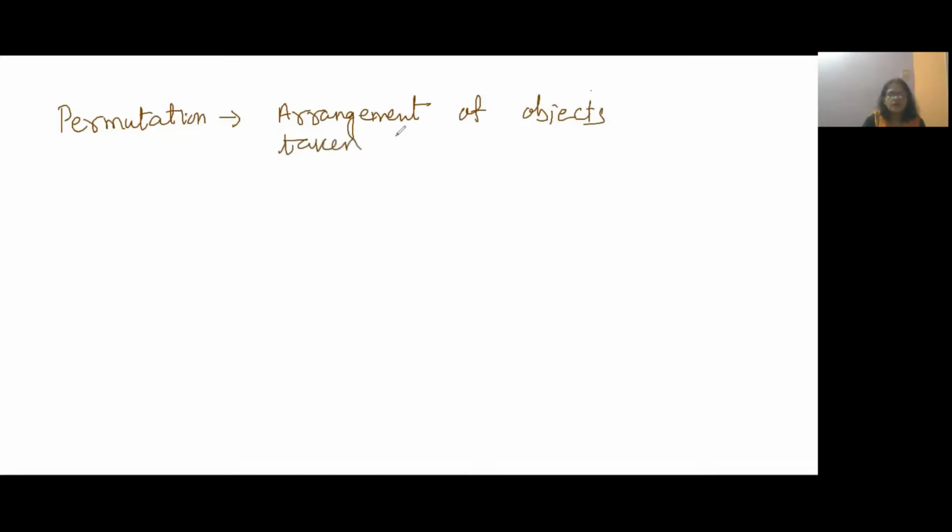Okay, so as we have already studied permutation, let me begin from there. What is permutation? Permutation is basically arrangement of objects taken some or all at a time.